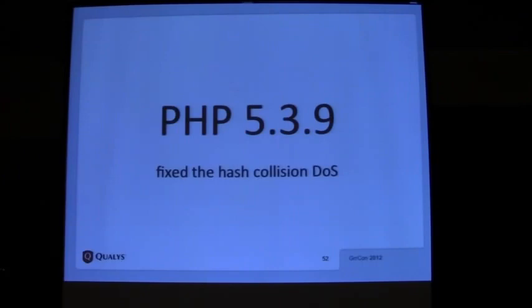When you do a POST request, these variables are stored on the web server in the form of a hash table. So the idea is to send lots and lots of POST variables, hoping that they will cause hash collisions on the web server and bring it down. It was a very popular vulnerability and affected all the web servers.